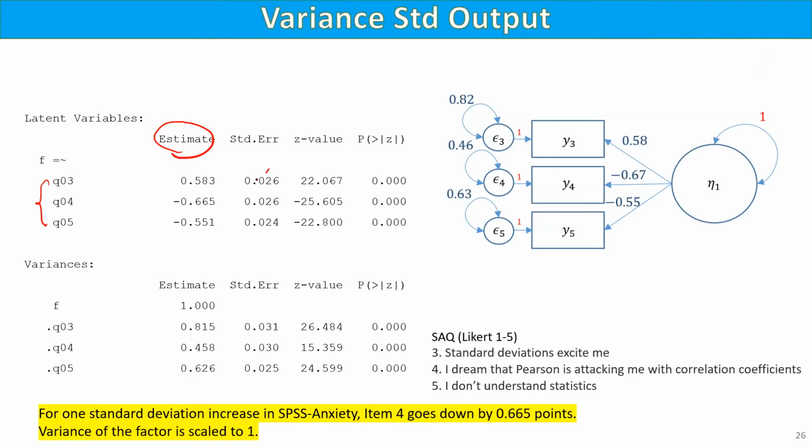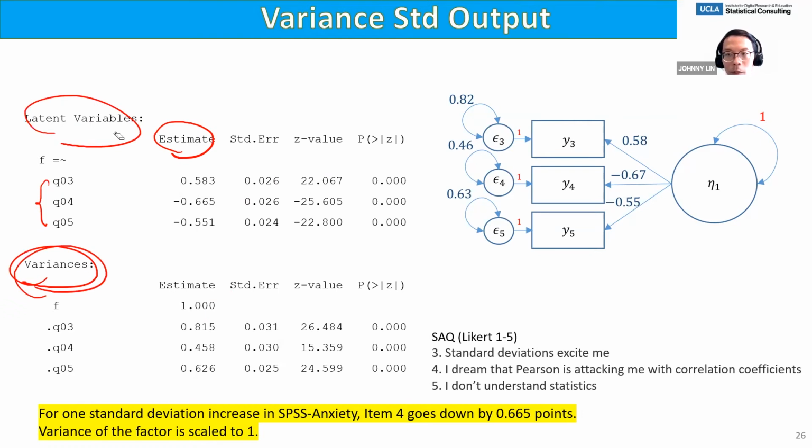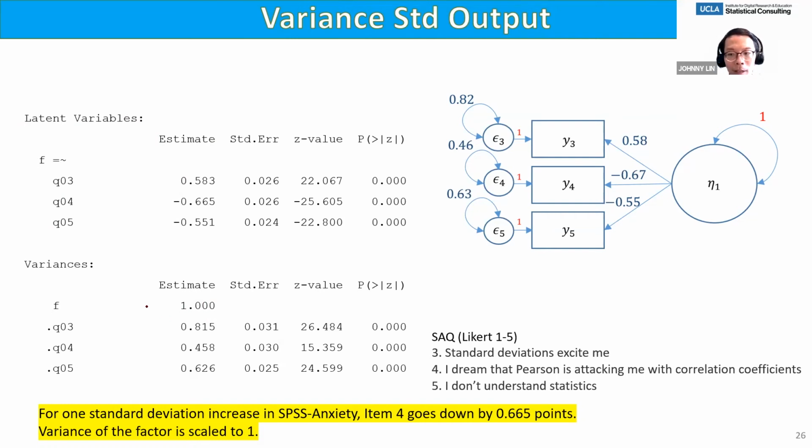So that's one hint. Anything else? And the F estimate is 1. Yeah, and more specifically, we're estimating the variance here, right? So these are the loadings and then these are the variances. Really good job. That's exactly how we know that we've done the variance standardization method when we fix the estimate to 1 for the variance.